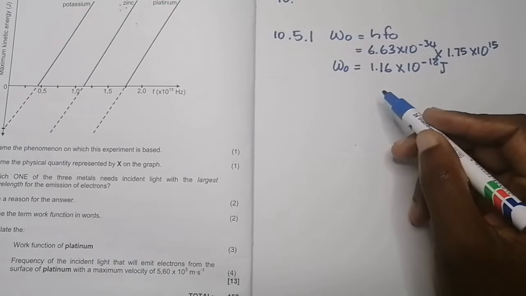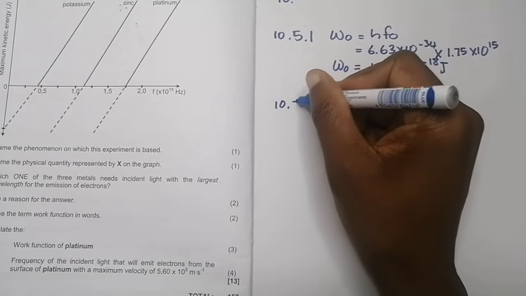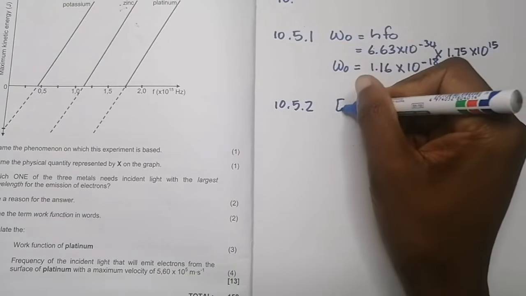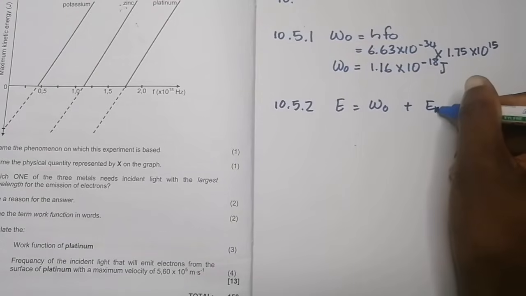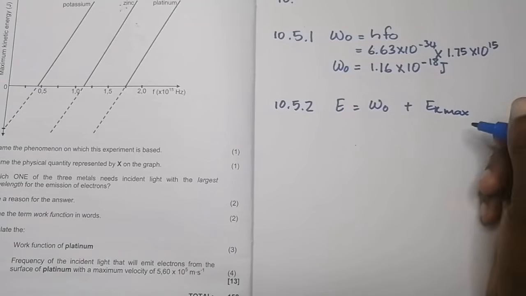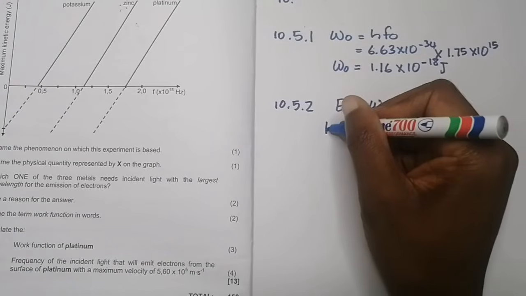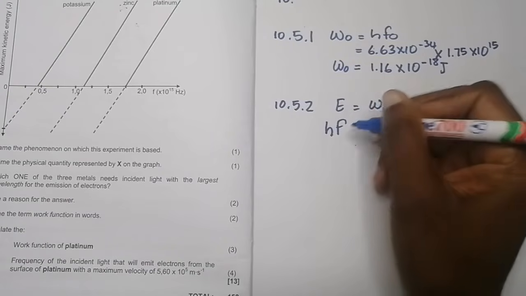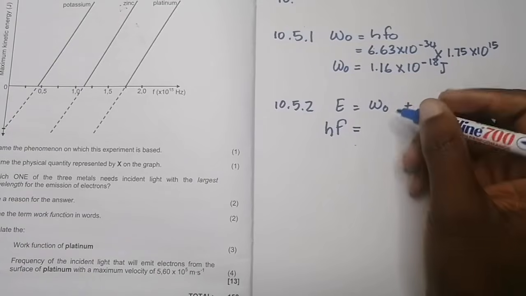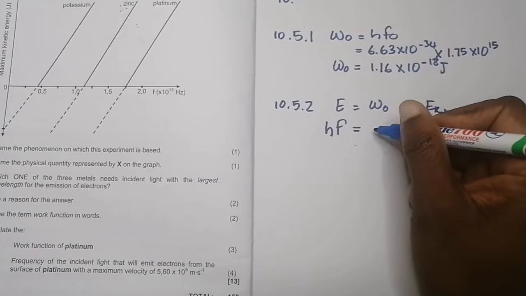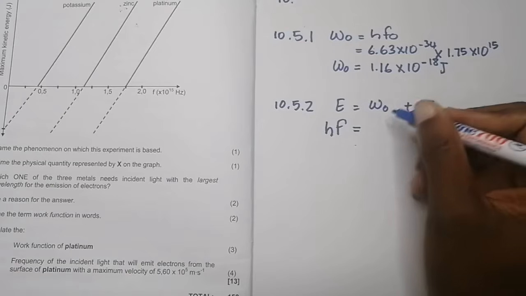We want the frequency of the incident light, so let's take our formula. Energy is equal to the work function plus EK max. So we'll say hf. If you haven't watched the full video on this, please make sure that you plug yourself there. You'll find it under videos, and it will really help you quite a lot.